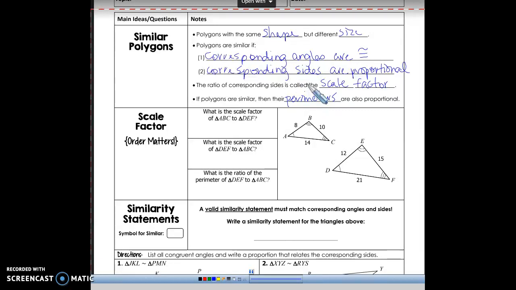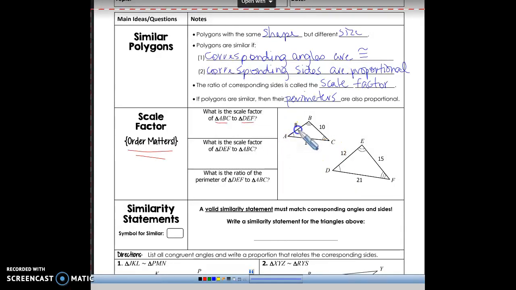So let's look at these scale factors. What is the scale factor of triangle ABC to triangle DEF? The order that we do these in matters. Order matters. So we're going to do ABC to DEF, so ABC has to come first. I'm going to pick a set of sides. It doesn't matter which side, they just have to be corresponding sides.